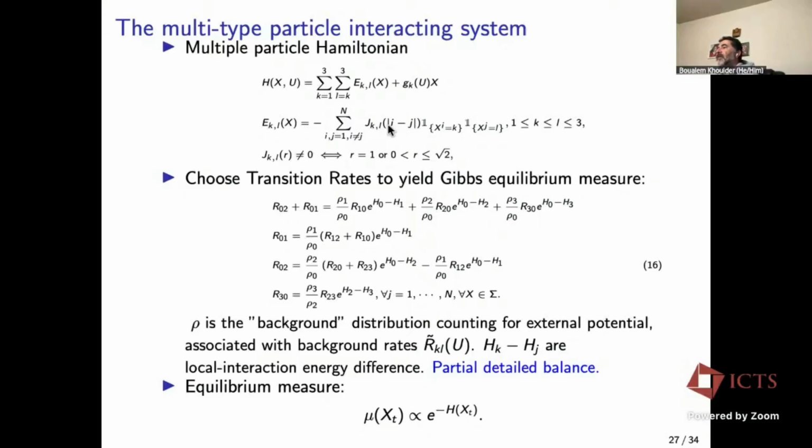There will be interactions that depend on how far the sites are from each other, and also some matrix J of local interactions. And then you can write down the rates the same way as before.